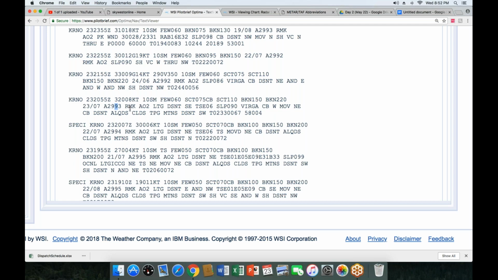If it's more than 30.02, then we would subtract 1,000 feet from our altitude at the field. So let's say Reno's elevation is 3,000 feet. Our pressure altitude would pretty much just be 3,000 feet. It's a difference of 0.01, which means a difference of 100 feet. So it'd be 3,100 feet.